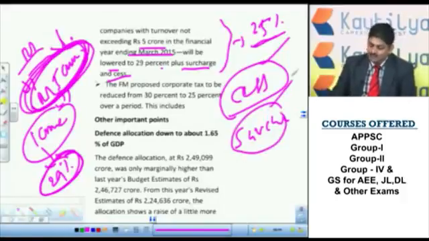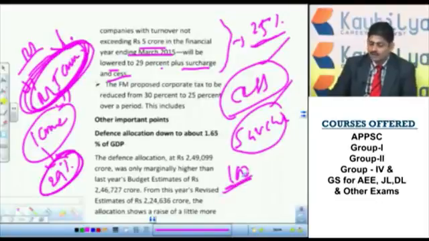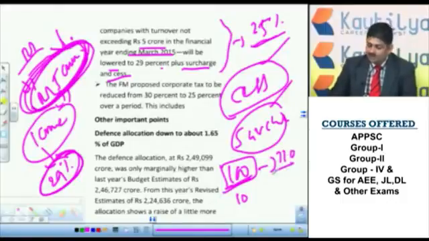What its meaning is, for example, if I did business of 100 rupees, assume there is a tax of 10%. That means in total I have to pay 110 rupees. Suppose if I do business of 200 rupees, and 10% tax is there, in total I have to pay 220 rupees.